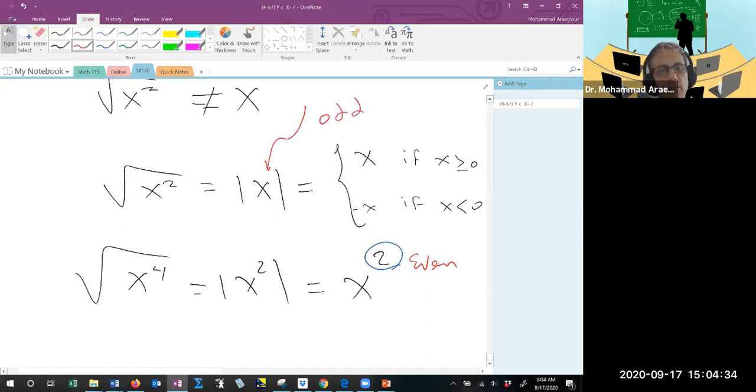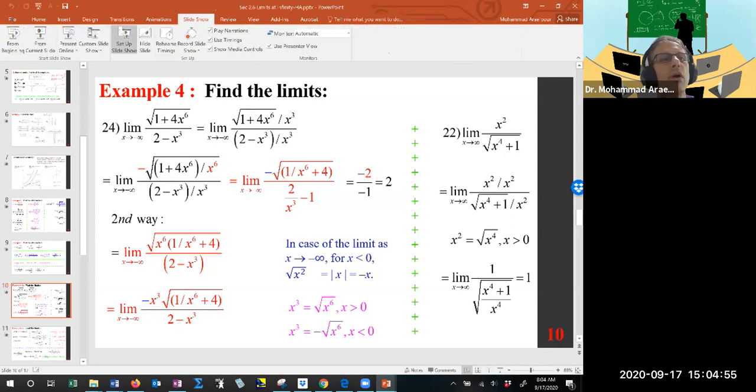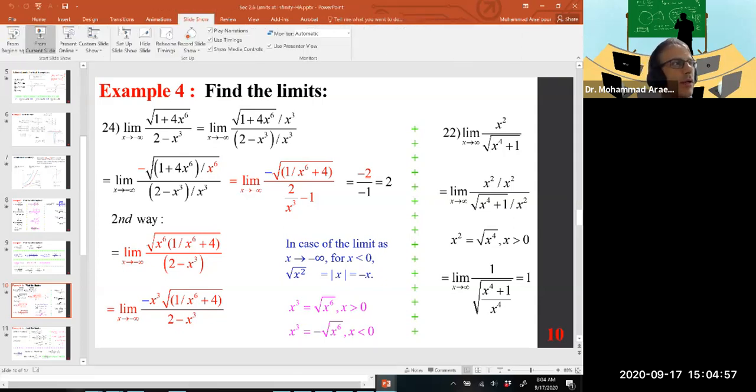And that's why when you look at this question, whether we are dealing with x squared that comes out as x or x to the power of 6 that comes out as x cubed, when it approaches negative infinity, then you want to pay attention to that. If x is approaching infinity, there is nothing to worry about. So we are going to move on. This is the synopsis of what we covered.